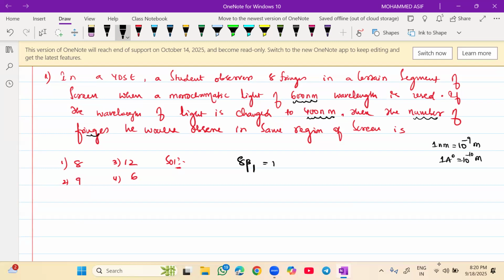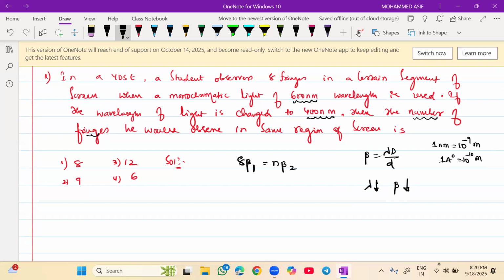So this will be equal to n times beta 2, let's assume. Isn't it? Because what is the formula of beta? Beta is equal to lambda into capital D divided by small d. If the wavelength decreases, what will the fringe width become? It will decrease, right? Yes. So fringe width will be decreasing.